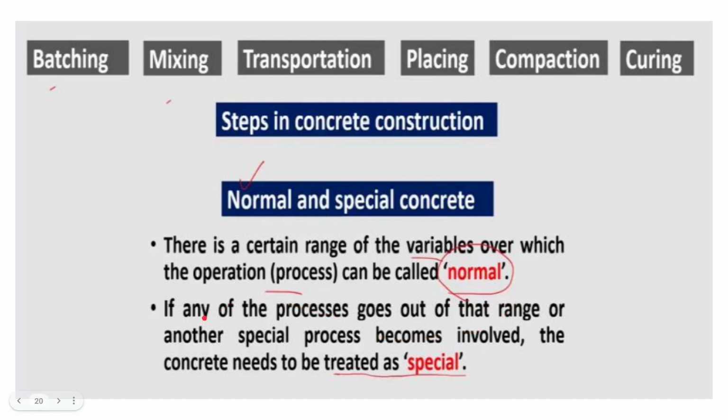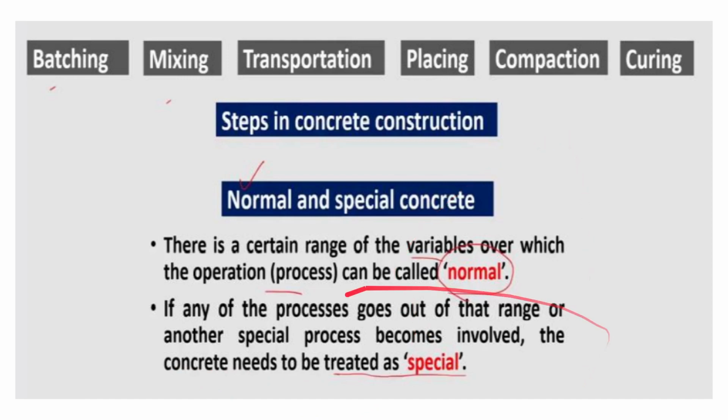But if any of the six steps in the preparation of concrete, that is batching, mixing, transportation, placing, compaction or curing, goes out of range, or some special process becomes involved in the manufacturing of concrete due to the requirement of that condition, then the concrete has to be treated as special.